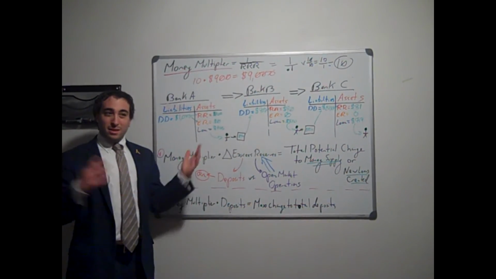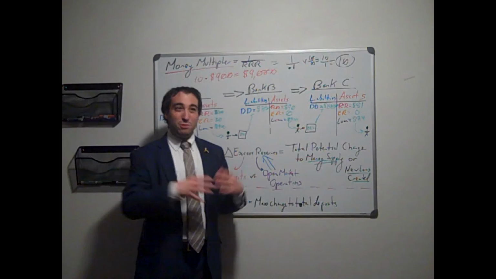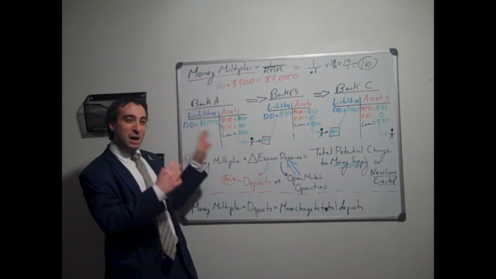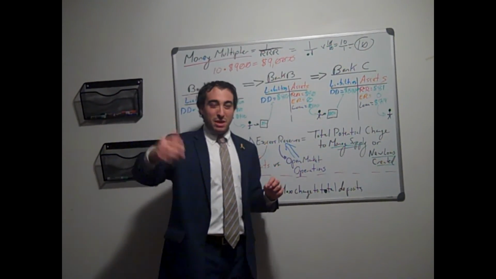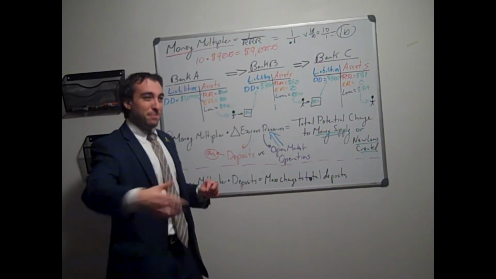So this is, as I said, the potentially bad thing, but also the potentially great thing about the banking system, that deposits, just like in the circular flow model, where one person's spending becomes another person's income, which becomes another person's spending.